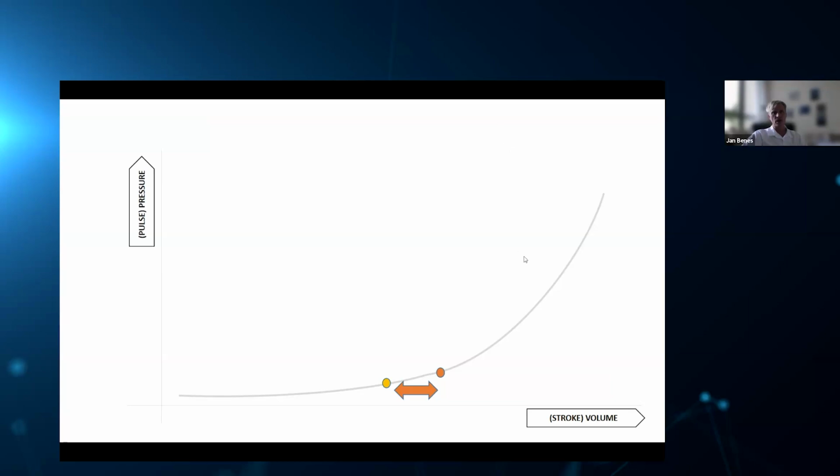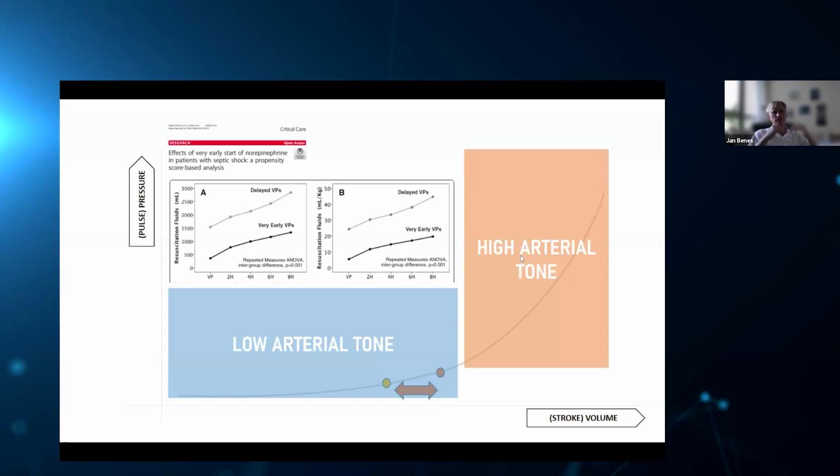If you have someone who is septic, he is usually operating on the low arterial tone part of the compliance. And in these people, if you increase the arterial tone, the tone within the circulation, then you will decrease the amount of fluids you need.